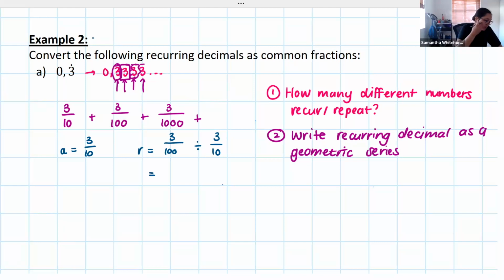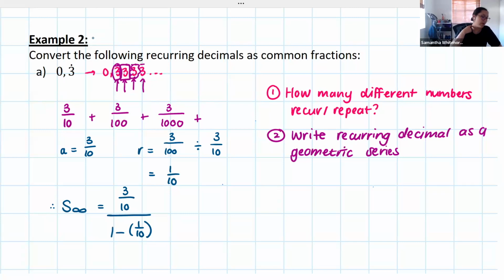That would give me an R value of 1/10, which makes sense. There's only one repeating number, so 1/10 fits in with that. And now we can work out our sum to infinity. So A, 3/10, over 1 minus R, so 1 minus 1/10.